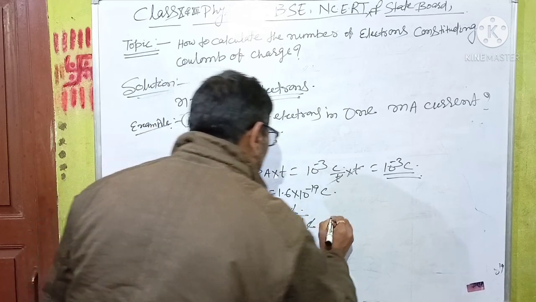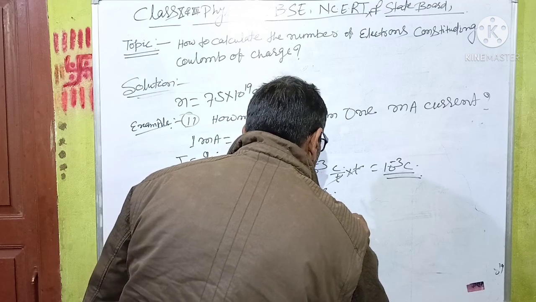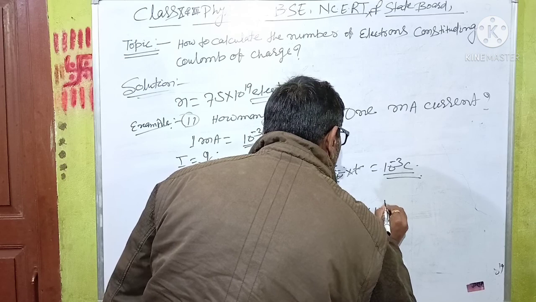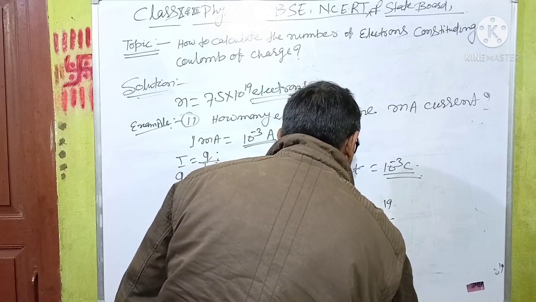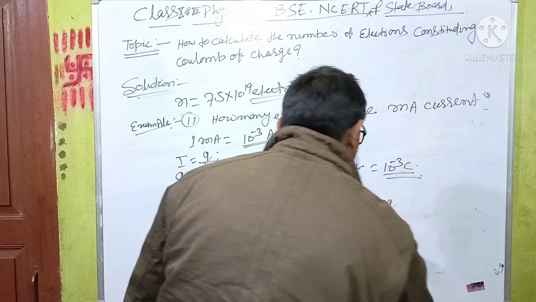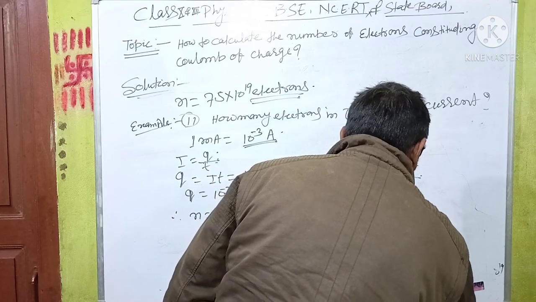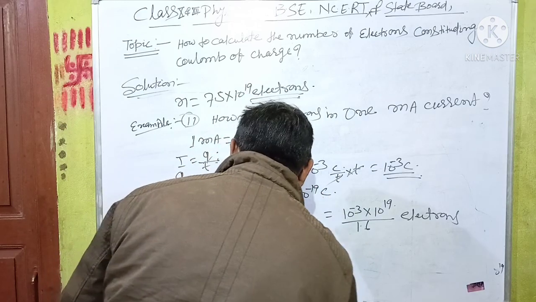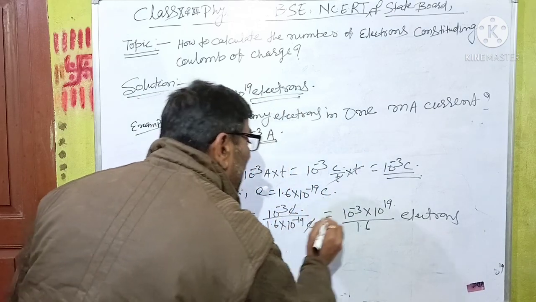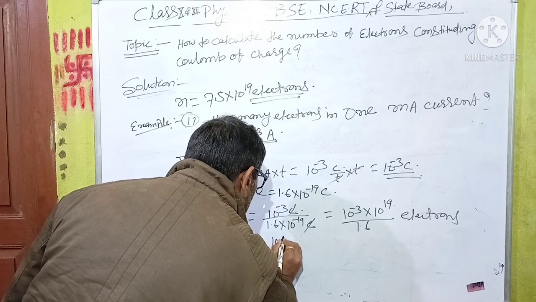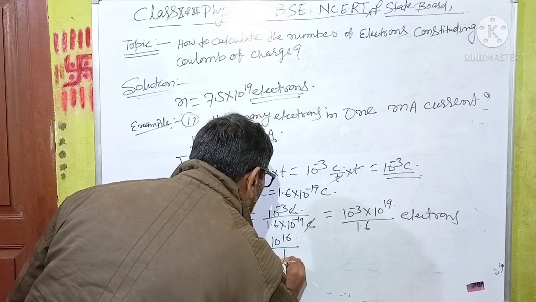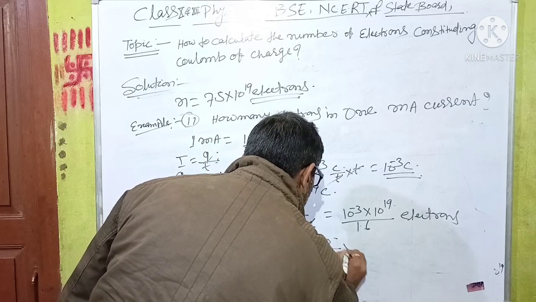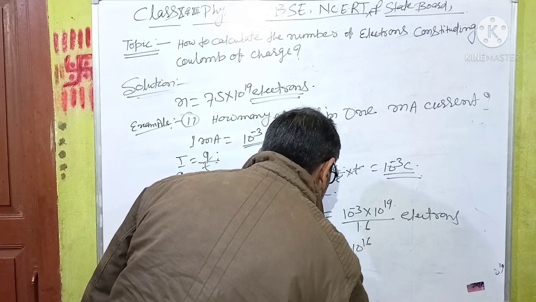Coulomb cancels. Then we get 10 to the power minus 3 into 10 to the power 19 by 1.6 electrons, which is 10 to the power 16 by 1.6, which is 10 by 16 into 10 to the power 16.